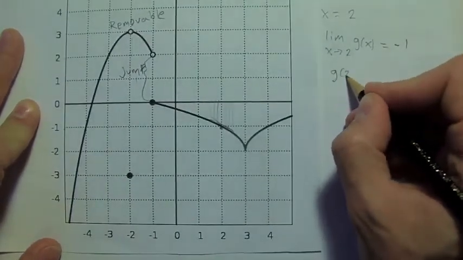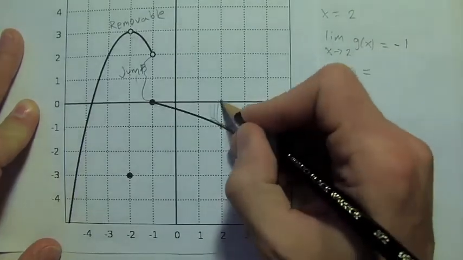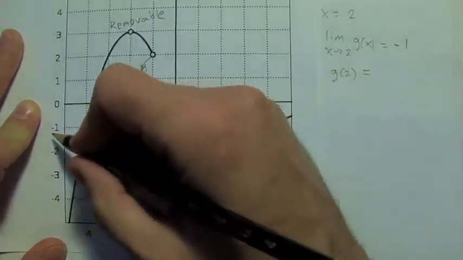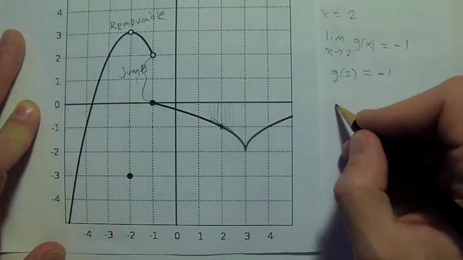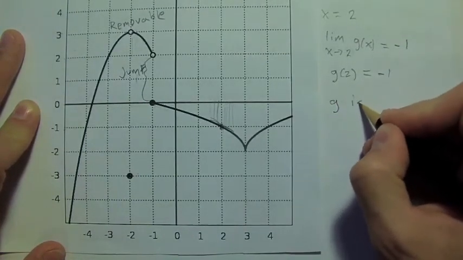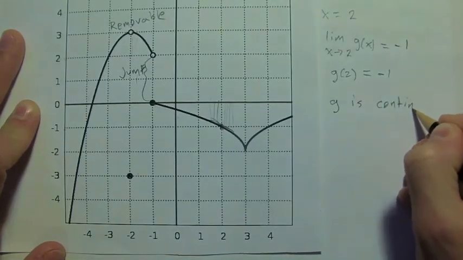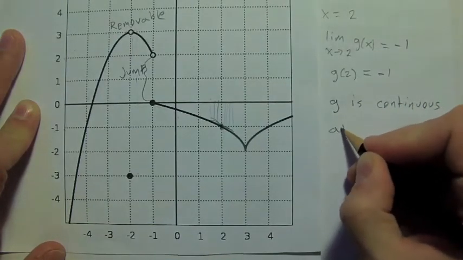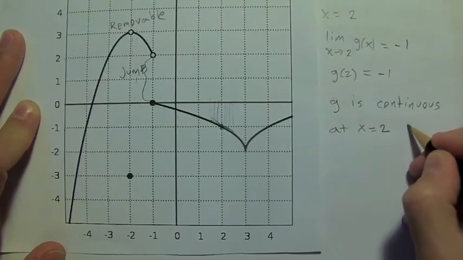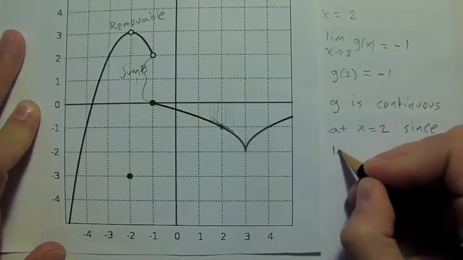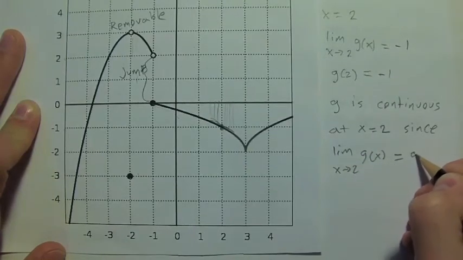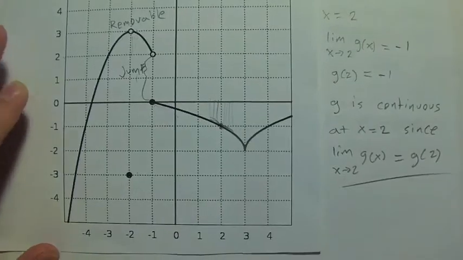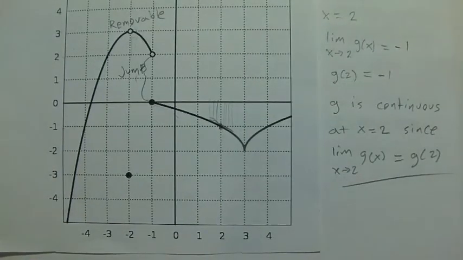And then g of 2 is also, I map down, there's a closed dot there, also equal to negative 1. Since these match, we can say that g is continuous at x equals 2, since the limit as x goes to 2 of g of x is equal to g of 2.